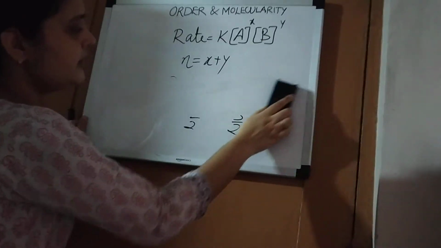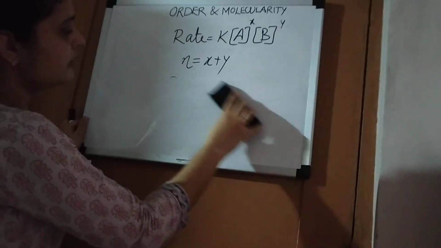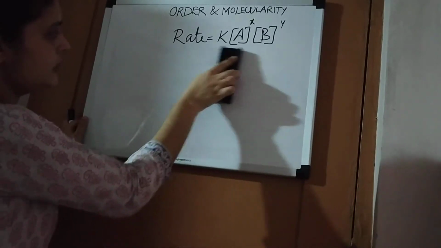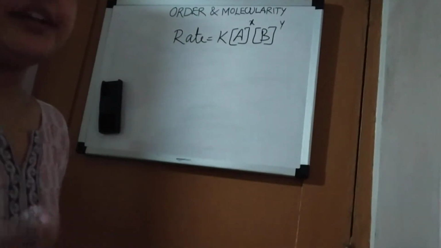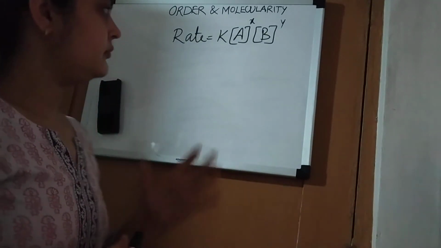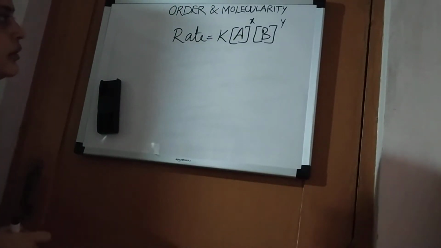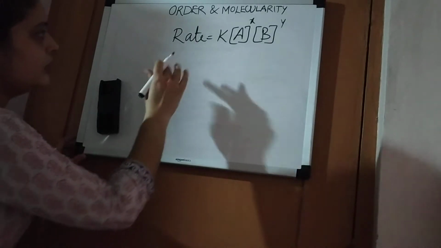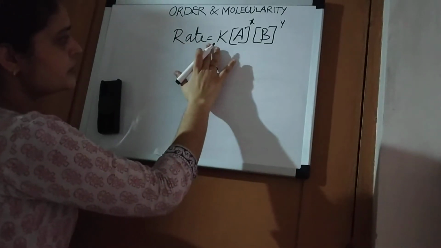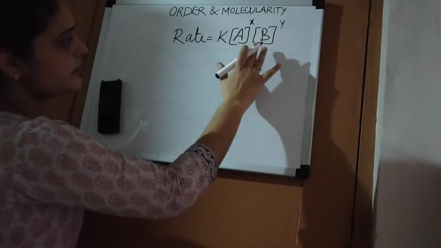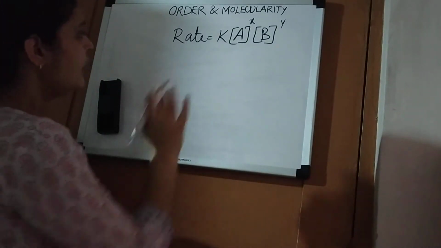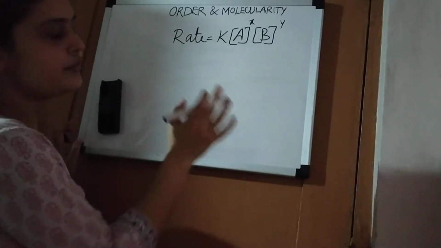Now we'll study how to find the unit of the rate constant through the order of the reaction, right? For example, your rate law is rate = k[A]^x[B]^y, and you have to find the unit for k.